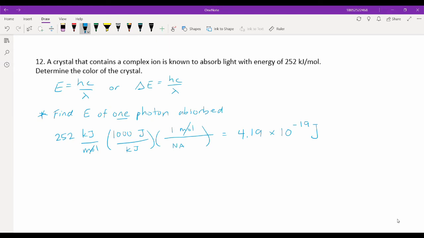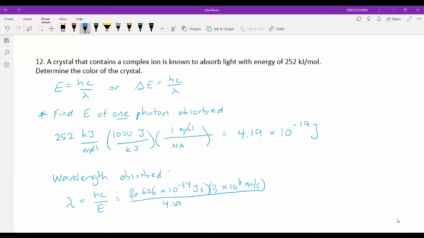So then if we use either of these energy equations, the wavelength absorbed would be given by just solving for lambda, which is hc over E, or hc over delta E, whichever one you want to use, and then plugging in Planck's constant, speed of light, dividing it by this energy of 1 photon, and then we get the wavelength being 4.74 times 10 to the negative 7th meters.